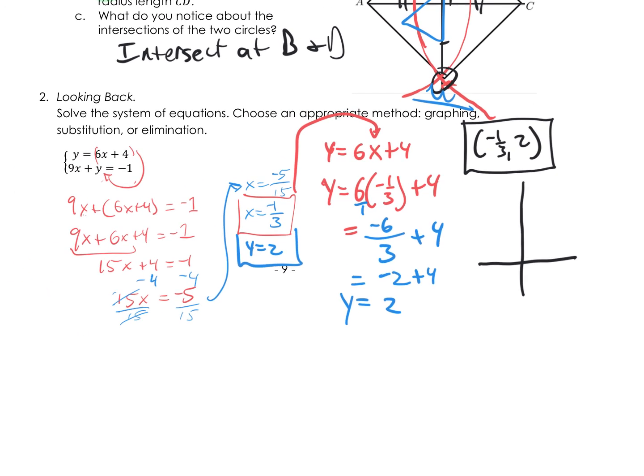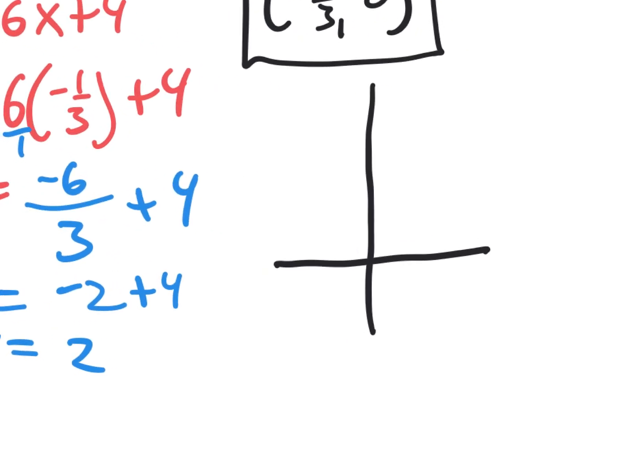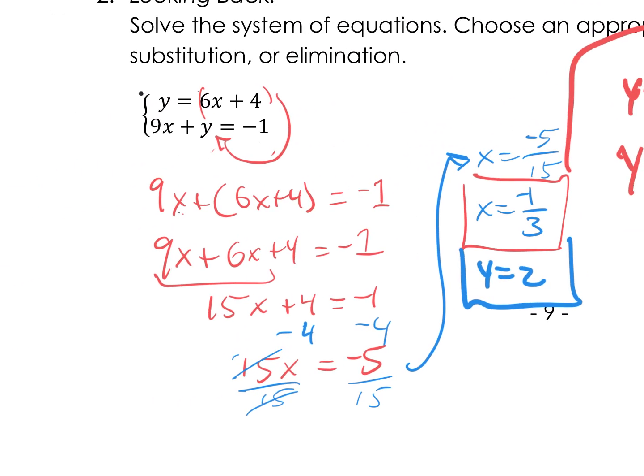So if we graph these, the first one, y equals 6x plus 4, looks something like this. Okay, here's 4, and we're going up 6 over 1, so it's pretty steep here. Something like that.